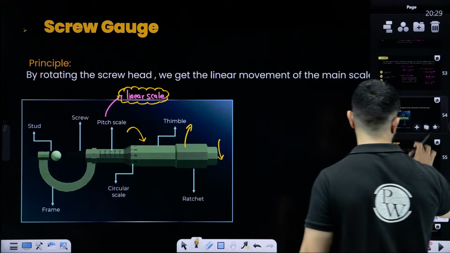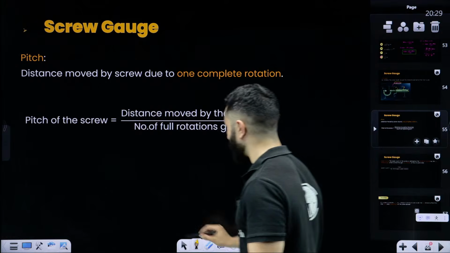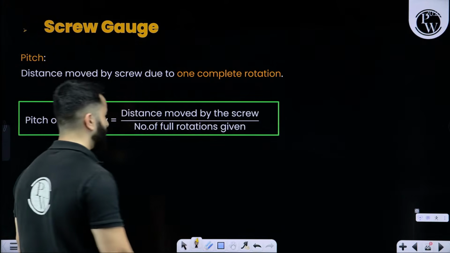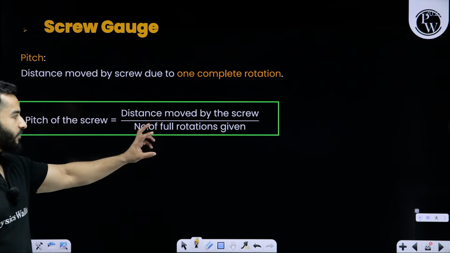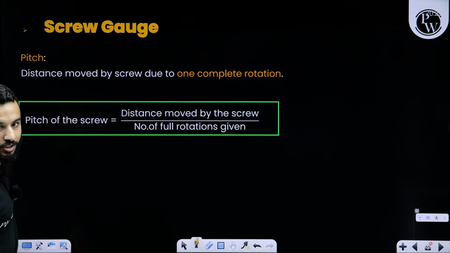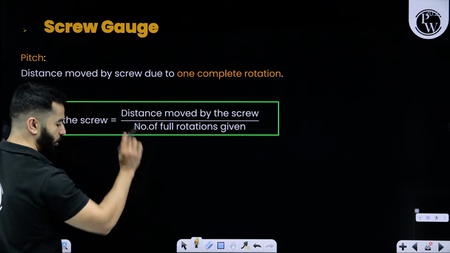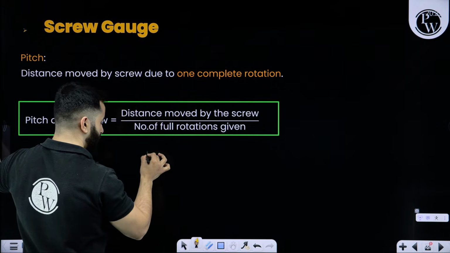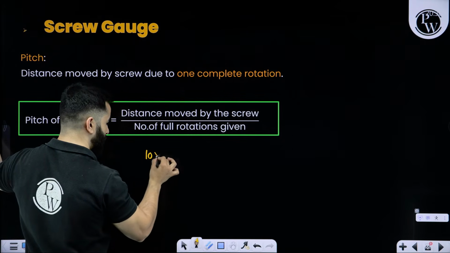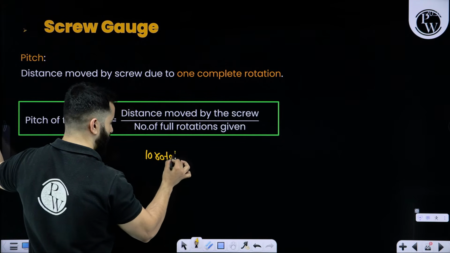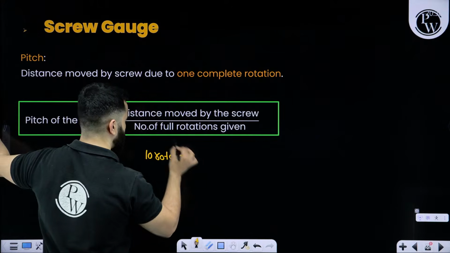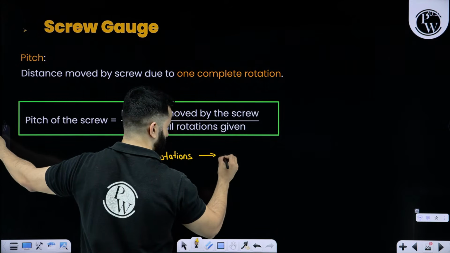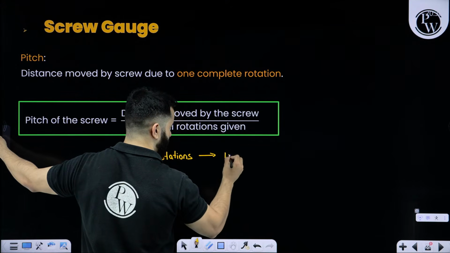First of all, we'll have to remember the formula of pitch of the screw. Pitch of the screw basically means distance moved by the screw divided by total number of rotations given, right? Let's suppose we have given 10 rotations, and the screw moves by 1 millimeter.